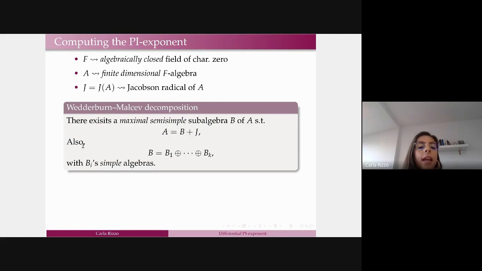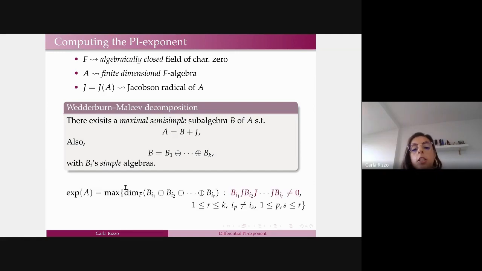Also, we know that B, a semisimple associative algebra, can be decomposed into a direct sum of simple algebras.